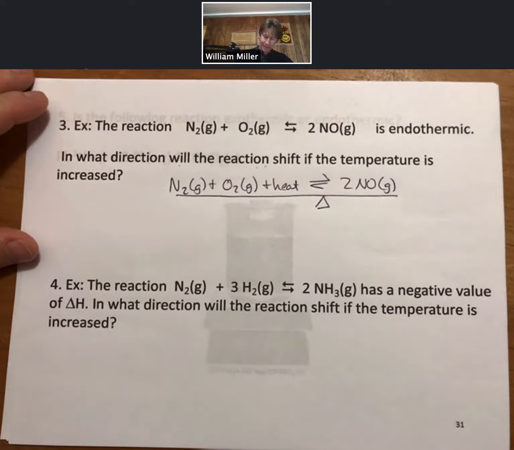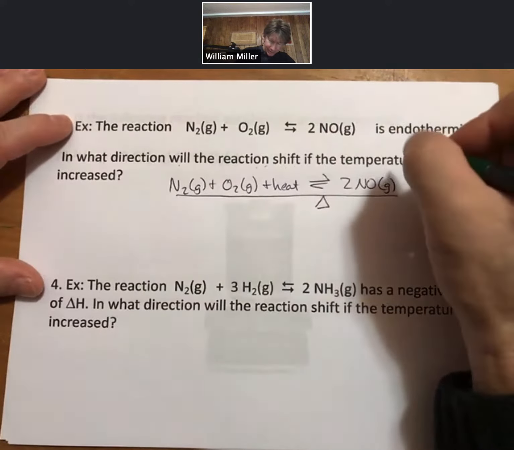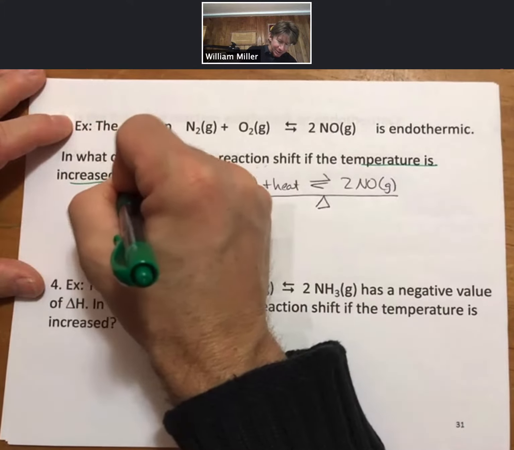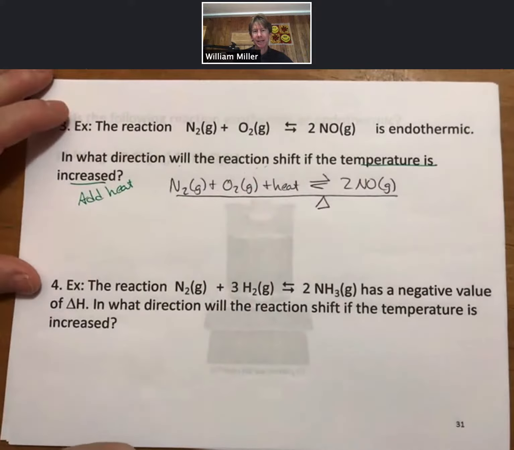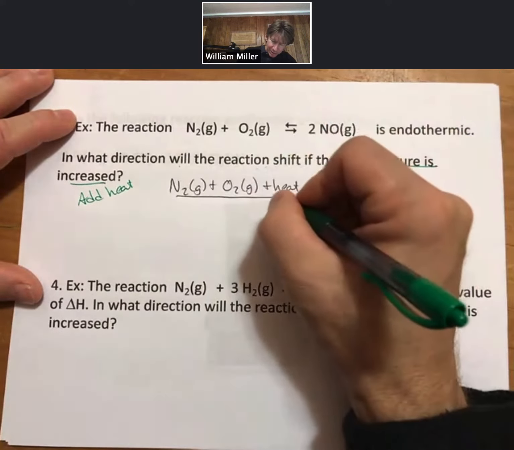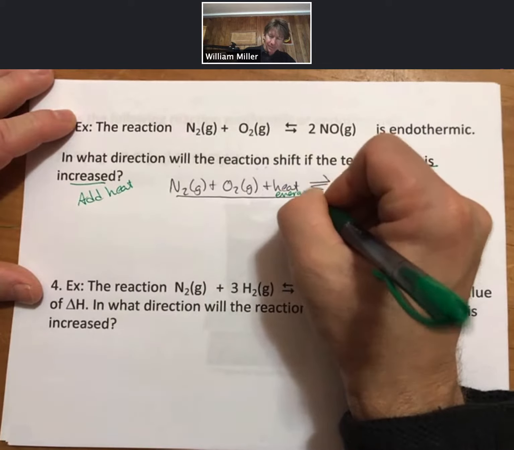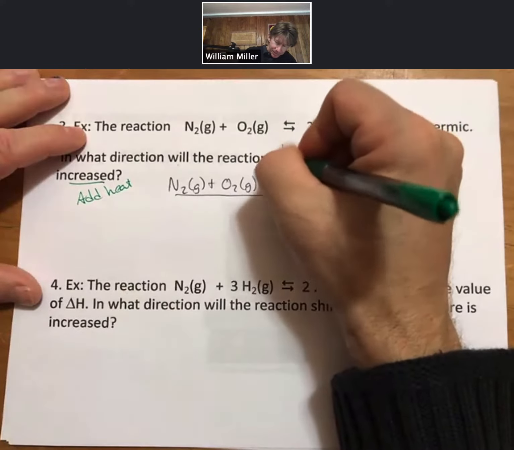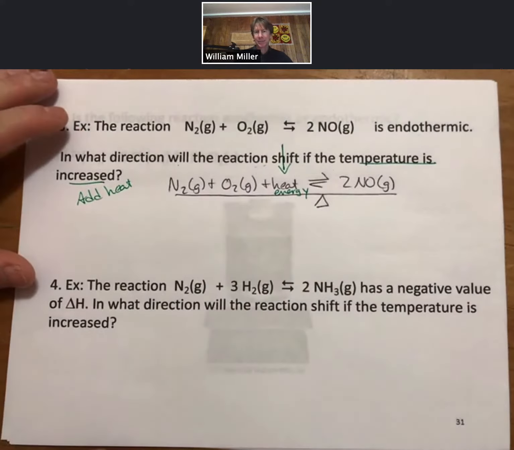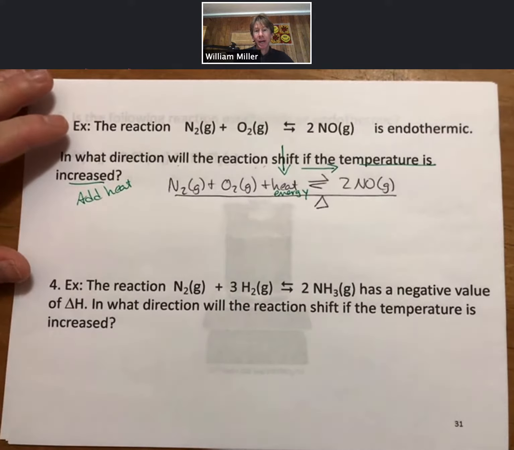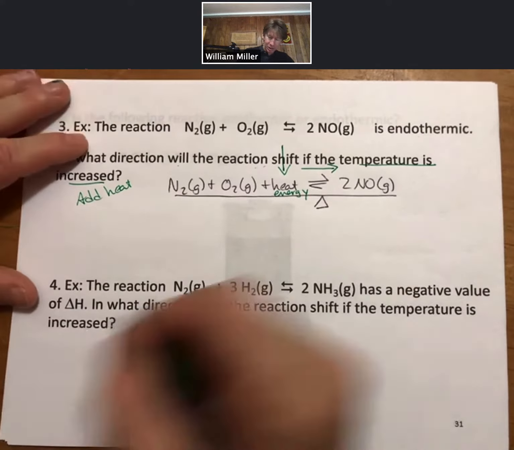We add heat. Temperature is increased. Adding heat is the only way to increase the temperature. Add heat, add energy. Whenever we add something, the reaction shifts to take it away. This reaction shifts right.